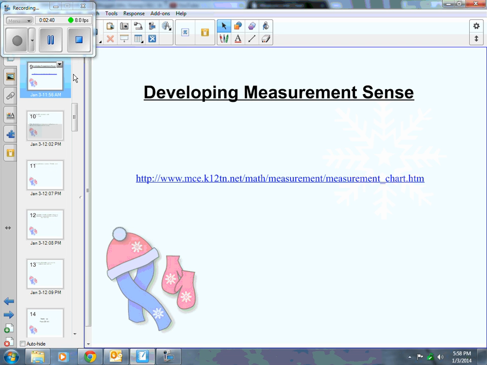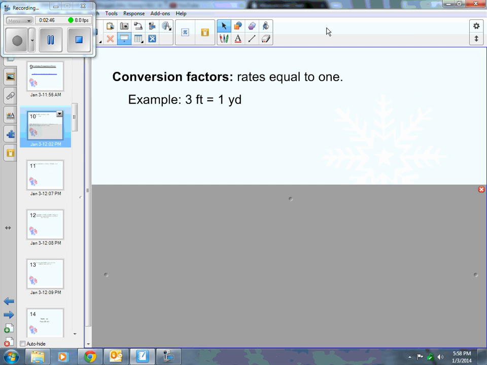The second part of our lesson, other than just developing measurement sense, is to use those conversions to convert things from different measurements to other measurements. Our first vocabulary word is conversion factors. Conversion factors are rates equal to 1. For example, we have 3 feet equals 1 yard.